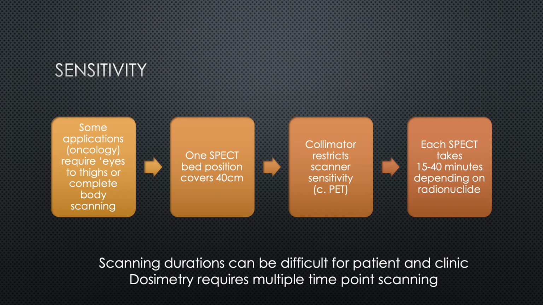So the scanning durations really can be quite difficult for the patient and also for the clinic when you're trying to book so many patients in. What makes life worse, of course, is if we're doing dosimetry, where we're wanting to look at uptake at multiple time points. Not only have we got one of these very long scans, we're going to have several of them.